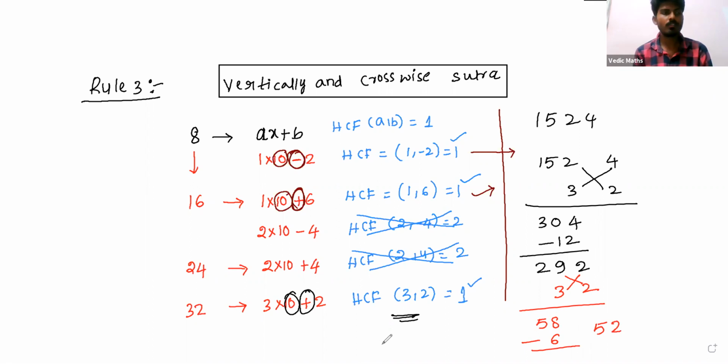So here 52 is not divisible by 8, so we can say that the whole number is not divisible by 8. Here you can observe one point: B value is smaller than the A value. So you can see the procedure will end very quickly. Okay. Thank you so much.